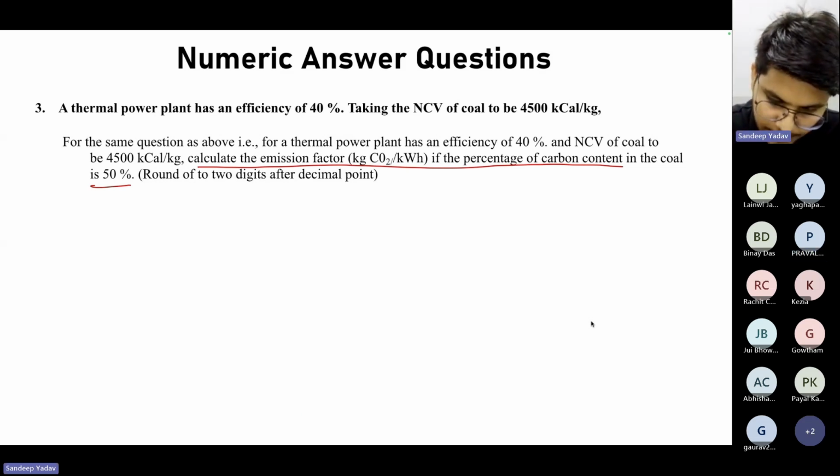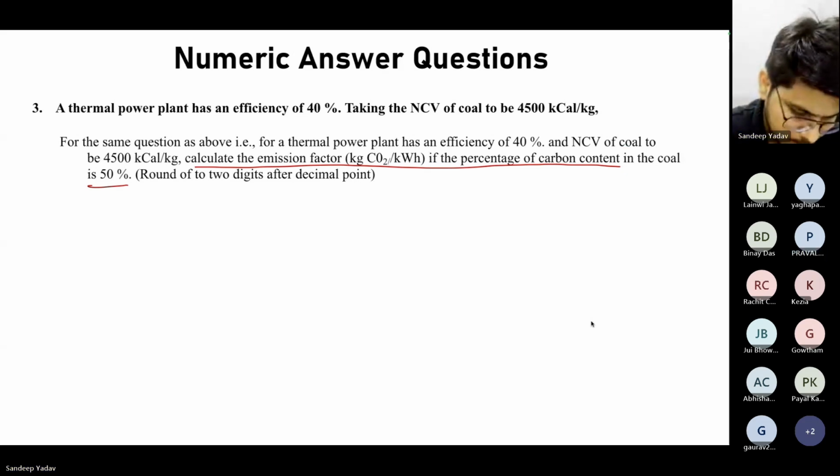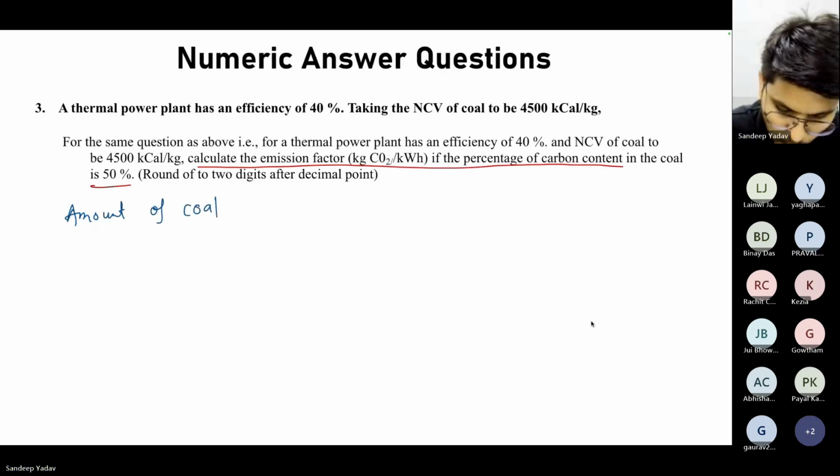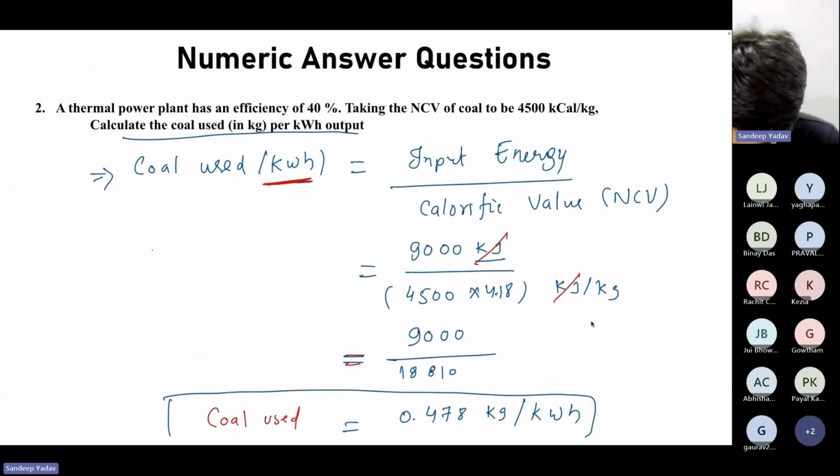We have already got the amount of coal per kilowatt hour we are using, 0.478. That's the thing we got.